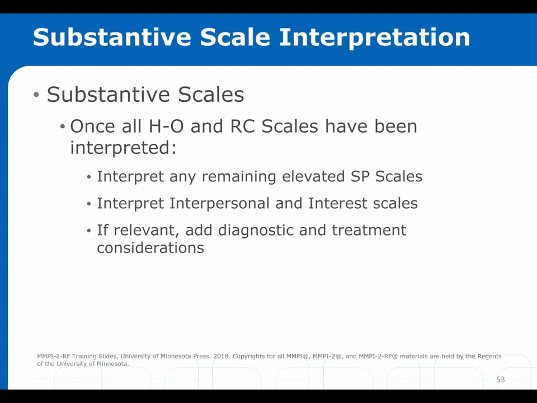You may recall that these scales do not have a hierarchical structure like the other four domains of the MMPI-2-RF. And then, if relevant, add in diagnostic and treatment considerations indicated by the elevated MMPI-2-RF scores. Next we're going to move into a practical example illustrating how this is accomplished.